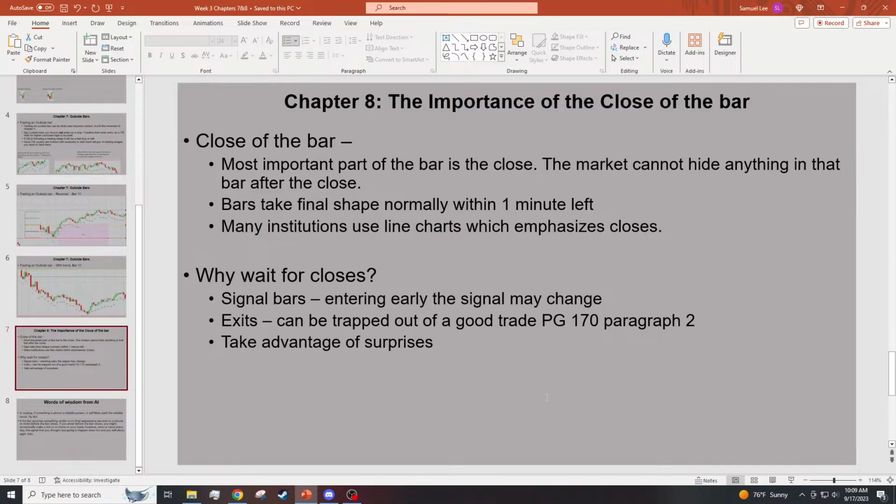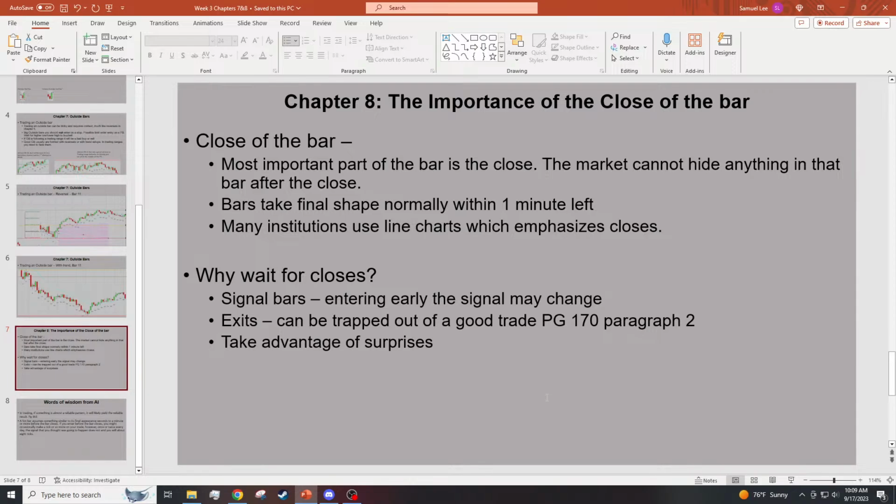Al also talks about how institutions use line charts. If we're talking about gaps, which he does eventually talk about in this book, you guys have seen me go to the line charts just to show you that they're easier to see on a line chart than a 5-minute chart.